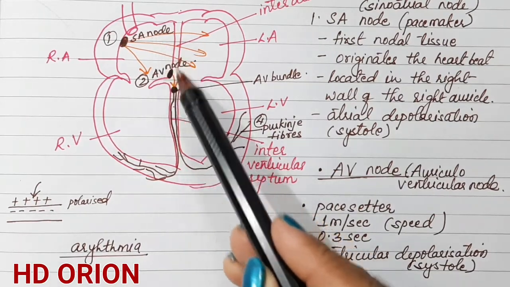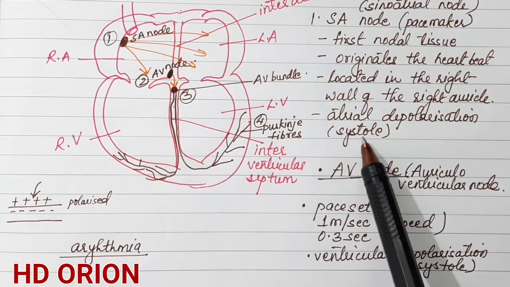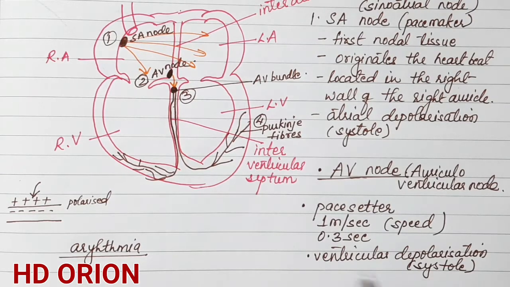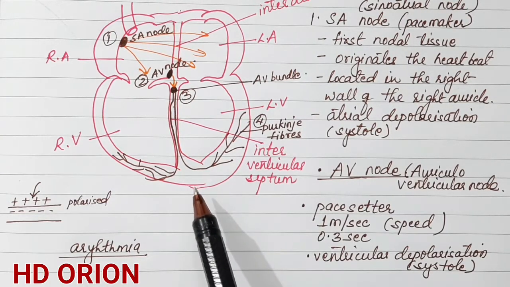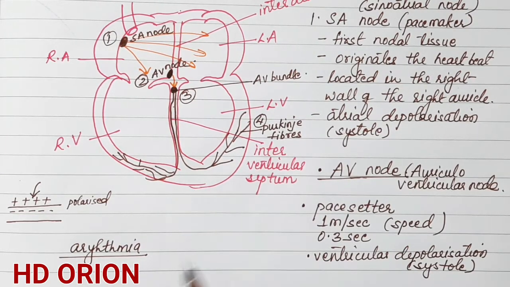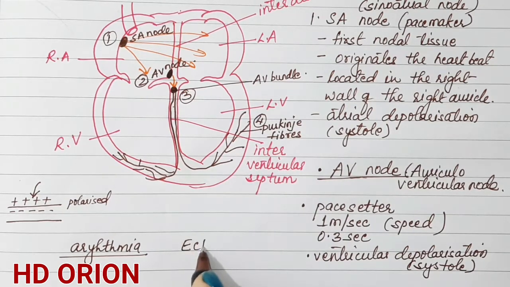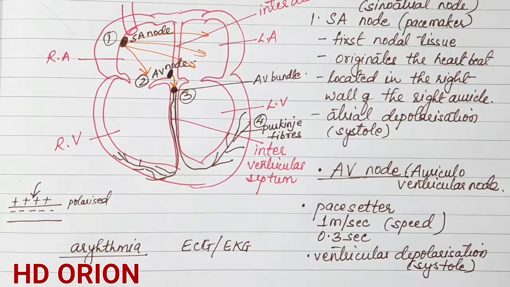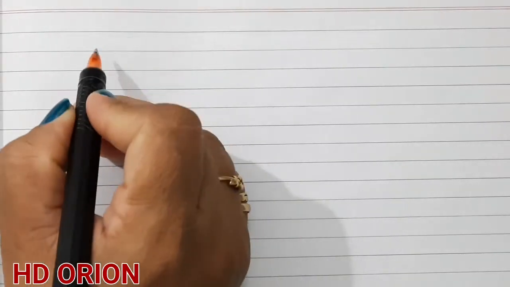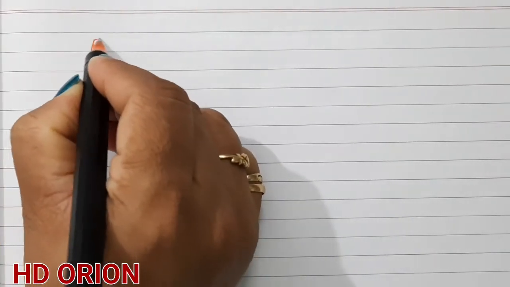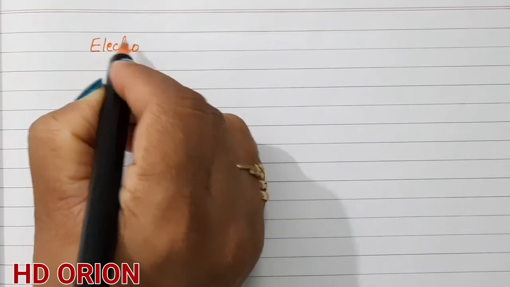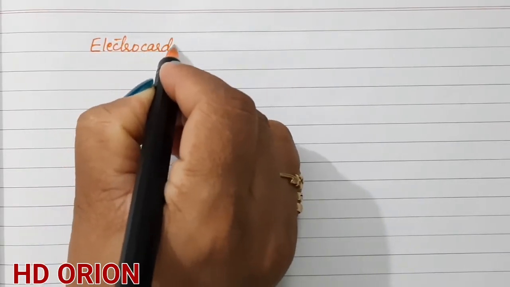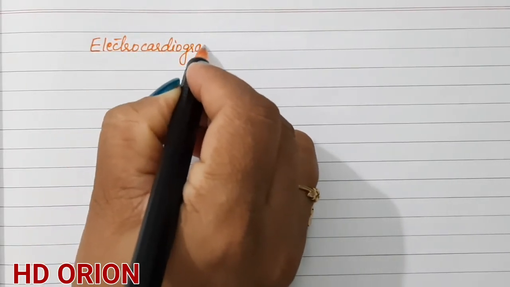All this process that is happening, that means atrial systole, ventricular systole, and everything, can be recorded in graphical form which we call ECG or EKG. So let us see what is ECG or EKG. The ECG or EKG stands for electrocardiogram.